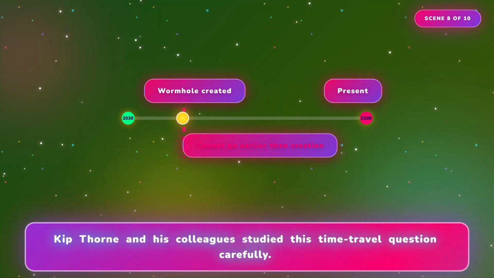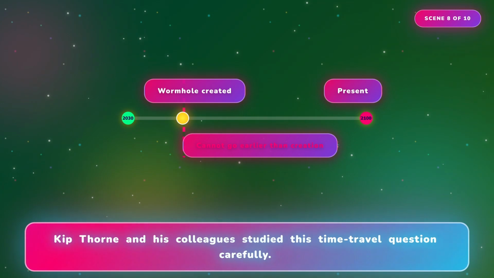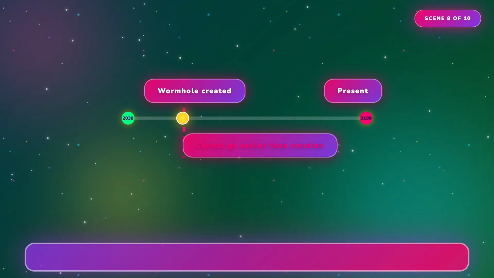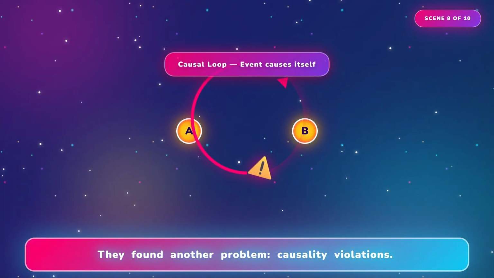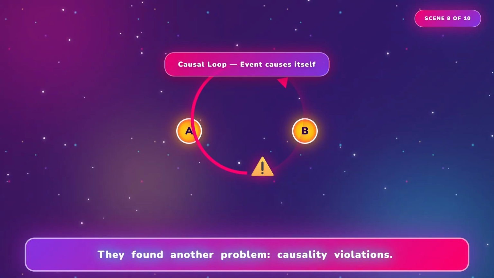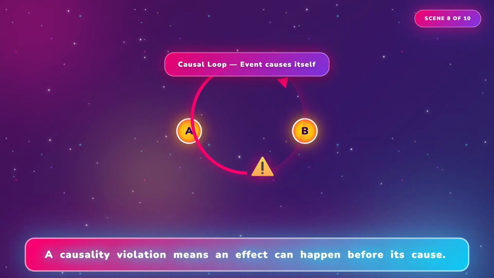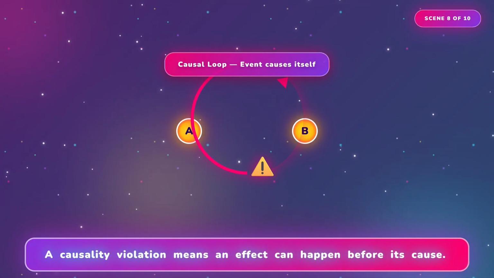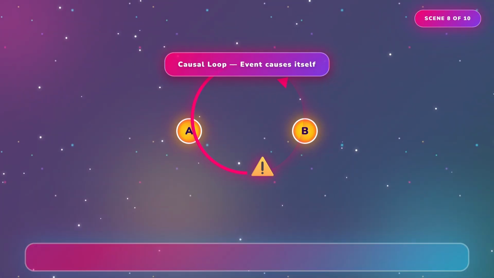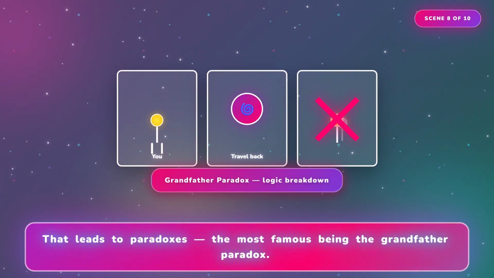Kip Thorne and his colleagues studied this time travel question carefully. They found another problem: causality violations. A causality violation means an effect can happen before its cause. That leads to paradoxes, the most famous being the grandfather paradox.